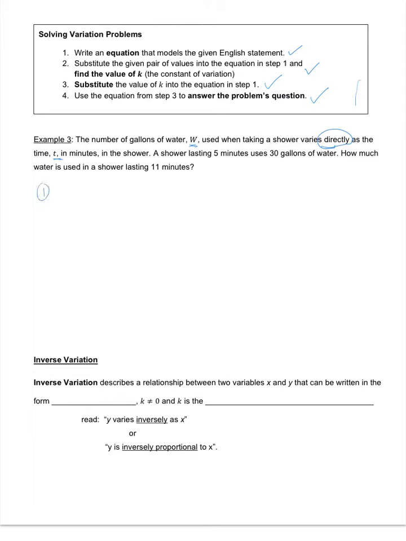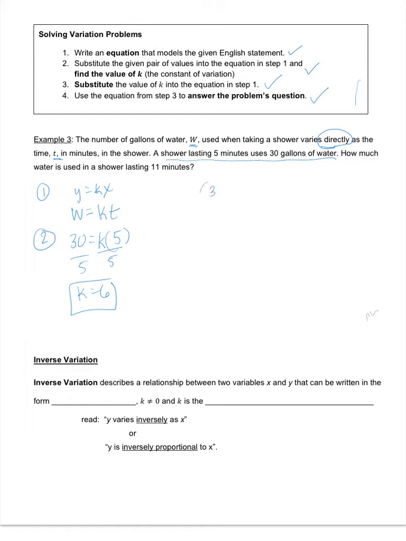So the first thing I'm going to do is write the general direct variation equation. I'm going to use the variables in the problem, and then I'm going to find the constant of variation. How am I going to do that? Well, I'm going to substitute in this information. When W is 30 and t is 5, I can solve for k and get k to equal 6.